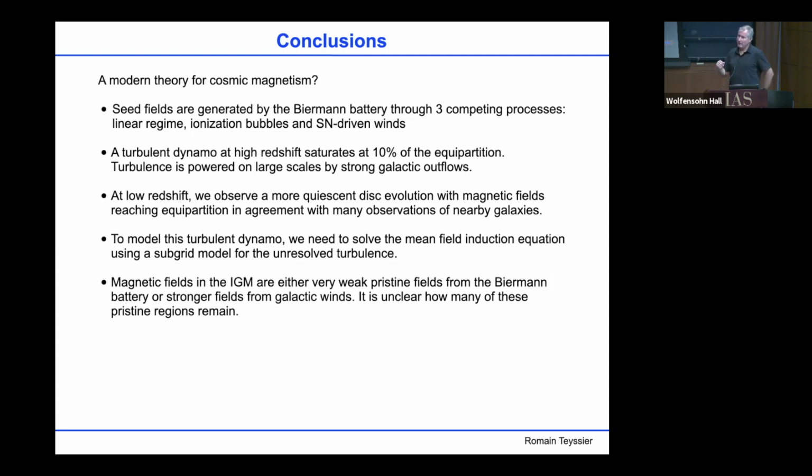So now you need to constantly pump in kinetic energy, and this is done through star formation. It's true that if your galaxy, for some reason, stops forming stars, then the ISM will become very quiet, and the dynamo might shut down.